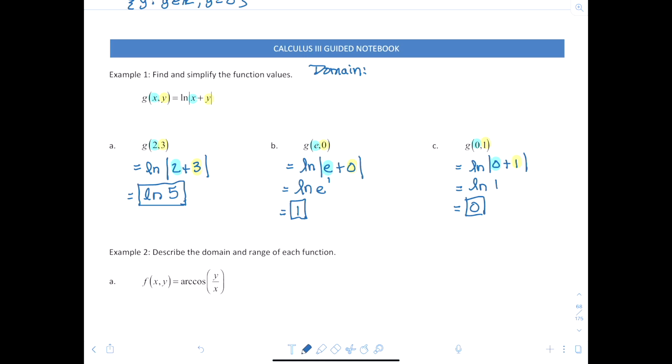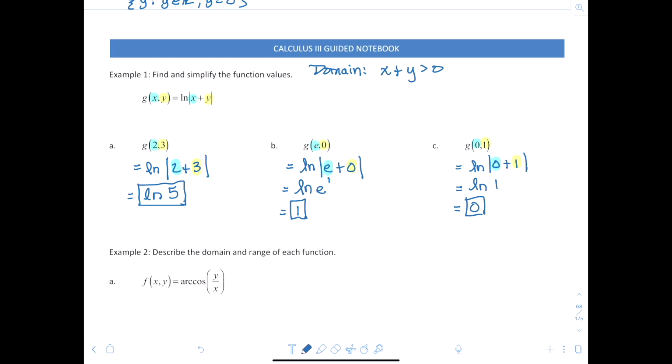Beautiful. X plus y has to be greater than 0, right? It has to be greater than 0 because in general, in your log function, the domain would be from 0 to infinity, non-inclusive.